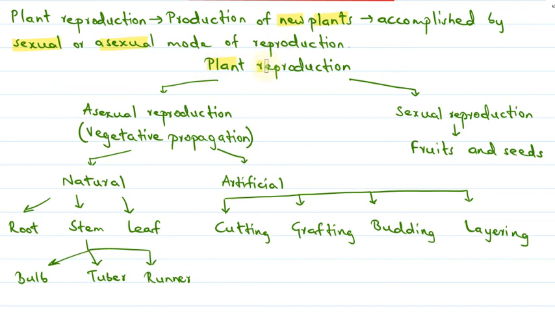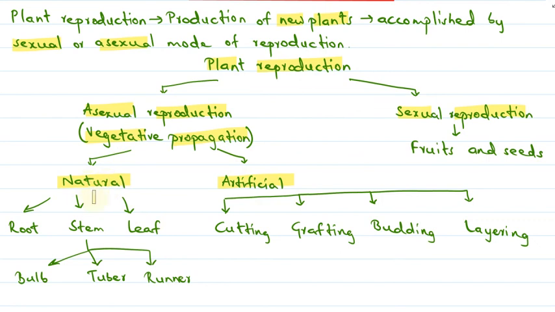So asexual reproduction can also be called as vegetative propagation in case of plants. So this vegetative propagation or asexual reproduction in plants can occur by natural means or by artificial means.